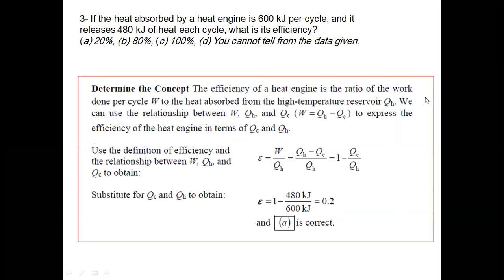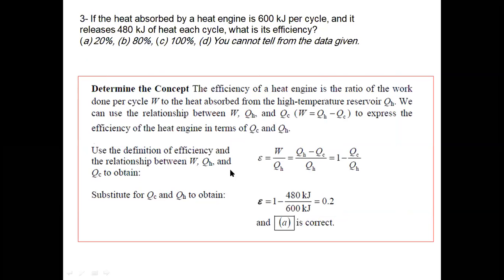Okay, another example. If the heat absorbed by a heat engine is 600 kilojoule per cycle and it releases 480 kilojoule of heat each cycle, what is the efficiency? 20%, 80%, 100%, or you cannot tell from the data given.